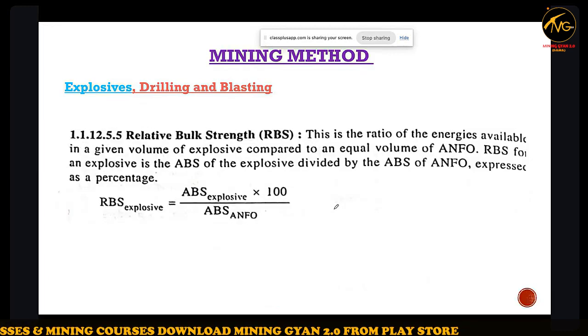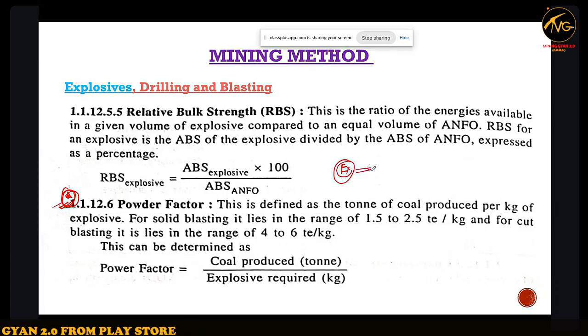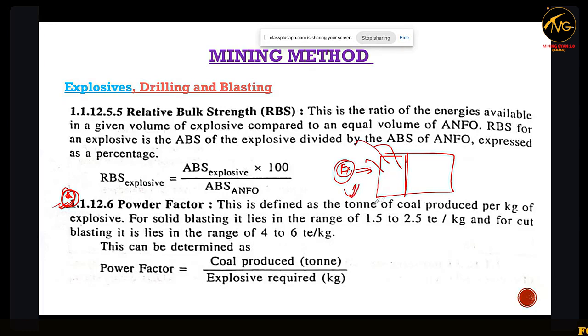So don't worry. Just mug up this formula or you should know, because I have seen many questions on the power factor. Power factor होता क्या है? If you are using this explosive to blast this coal seam, then the ratio of the coal produced divided by explosive is known as powder factor.